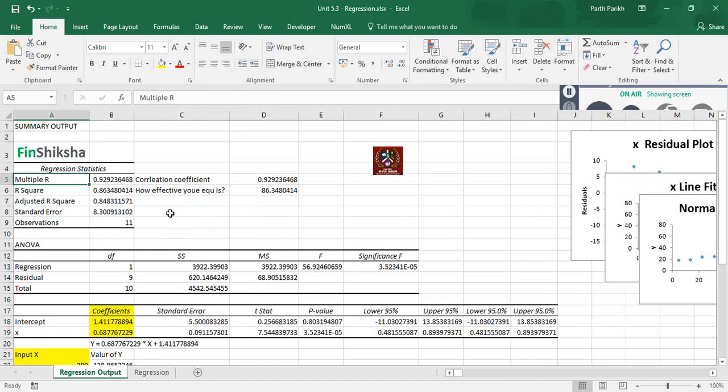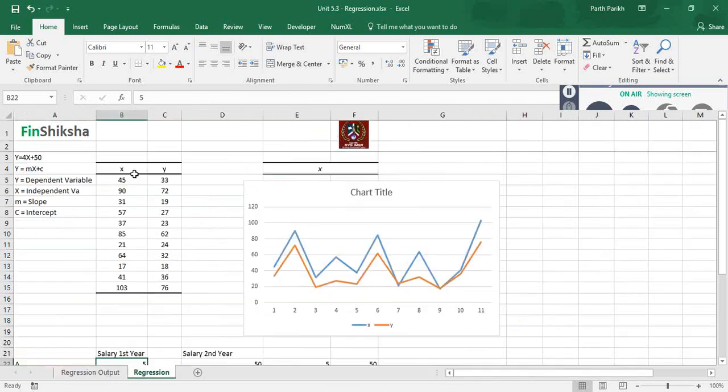Multiple R is the correlation coefficient, as in what is the relationship between two variables, which is over here x and y. If we plot a graph, it almost moves in tandem, but not exactly. It's not like a mirror image, but it tries to mimic.